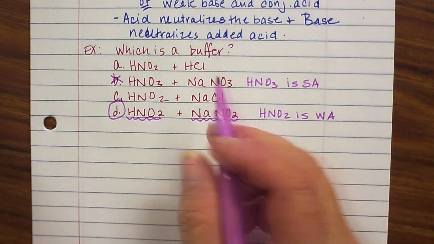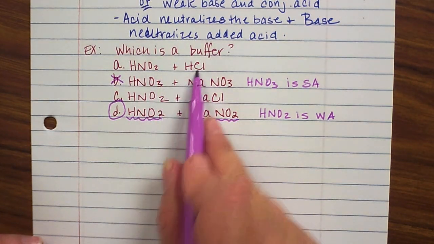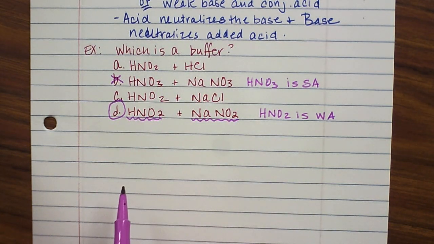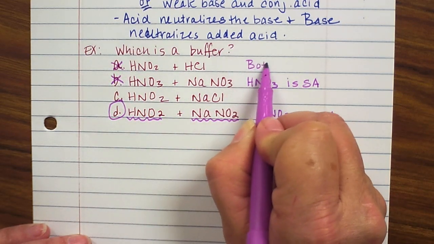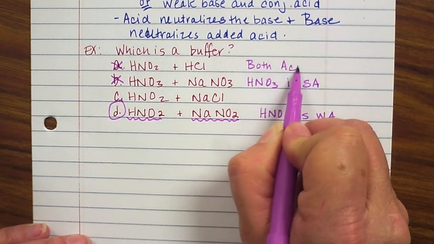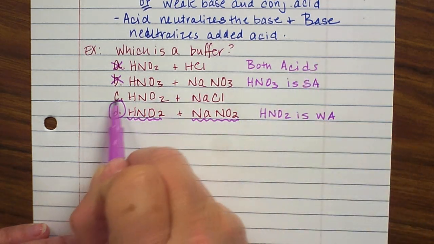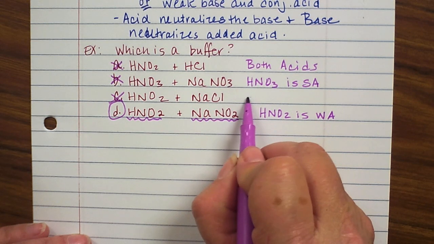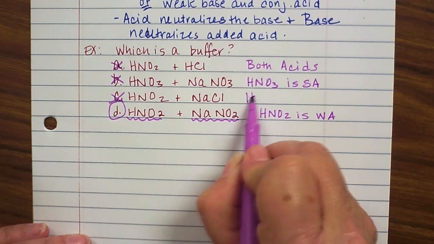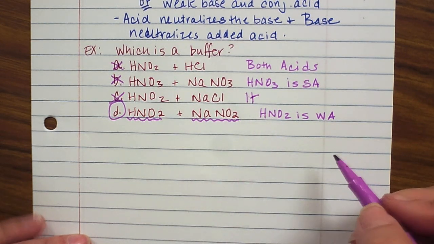All right. Number 1 would not work. They're both acids. And number 3 will not work because they don't match. So it's not an acid and conjugate base pair. That's why.